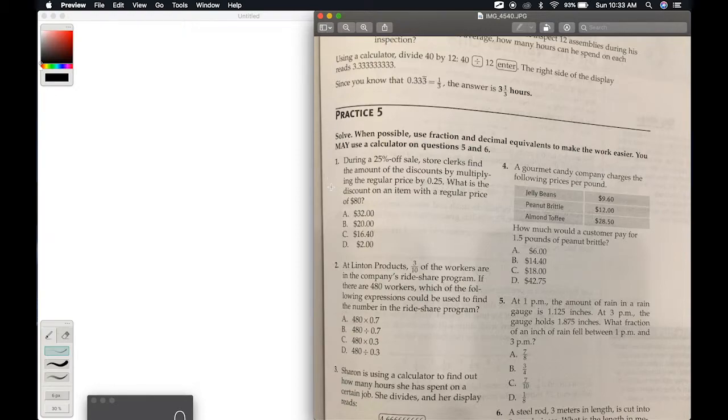So during a 25% off sale, this is number one. During a 25% off sale, store clerks find the amount of discounts by multiplying the regular price by 0.25. What is the discount on an item with a regular price of 80? Okay, so we know that the regular price is 80.